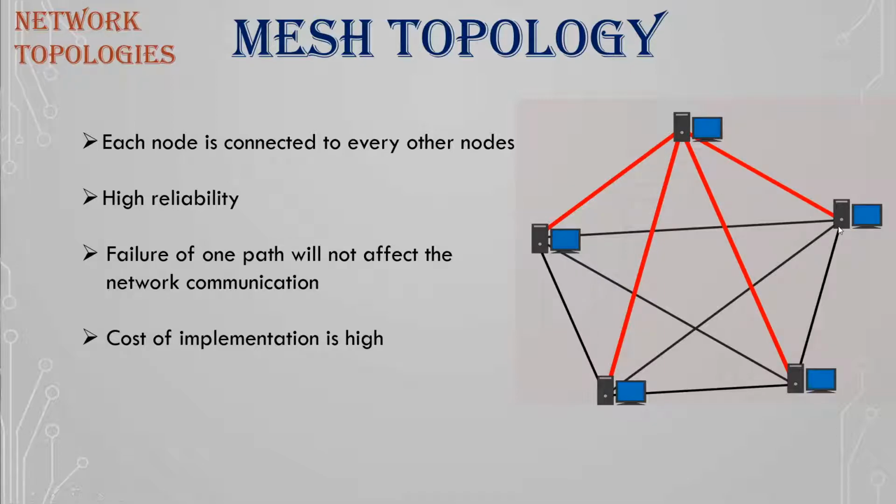So even if this path is broken, the communication from this computer to this computer will take place without any issue. The mesh topology is much more reliable than any other topology available, but the cost of implementation for this type of topology is high due to the higher number of cables used to connect every node.